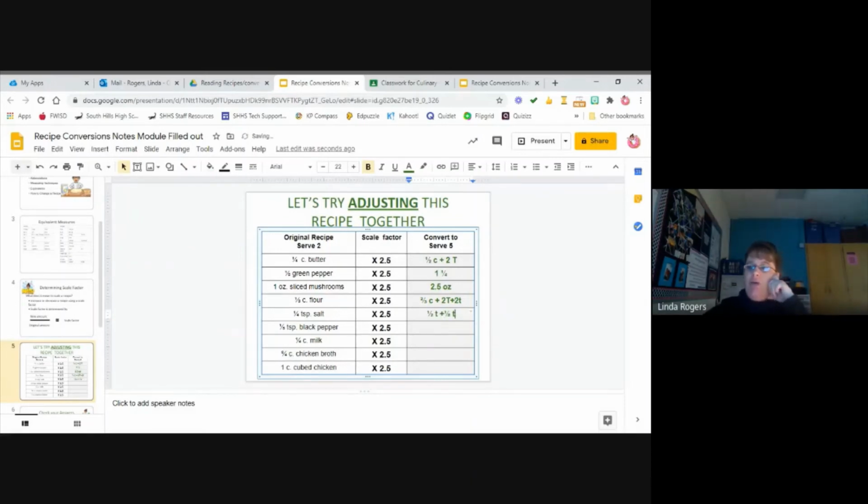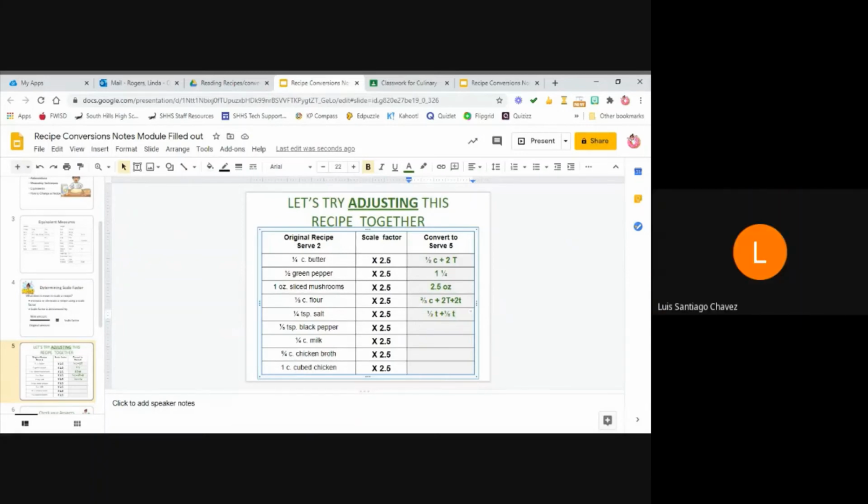Okay, now how do we measure an eighth of a teaspoon if we don't have an eighth of a teaspoon measure? What are we going to do? The smallest we have is 1/4 of a teaspoon. How can we measure an eighth of a teaspoon? What could you do?